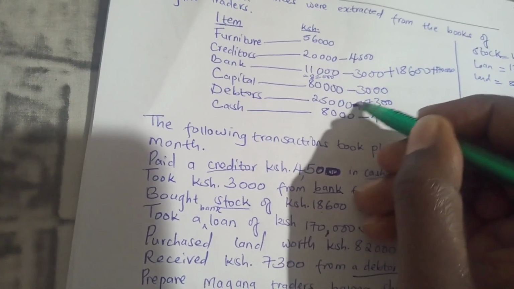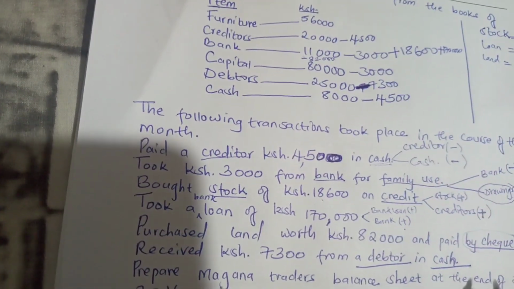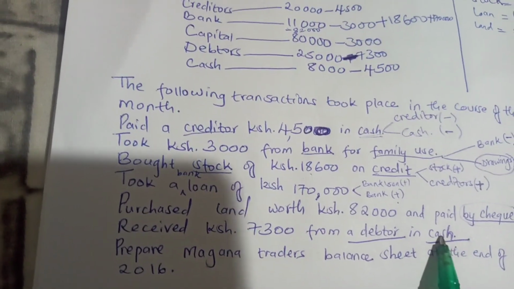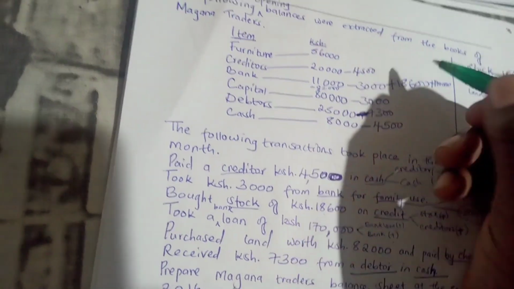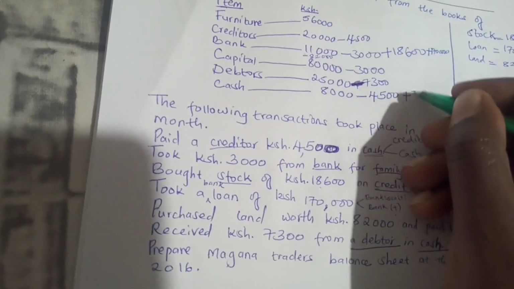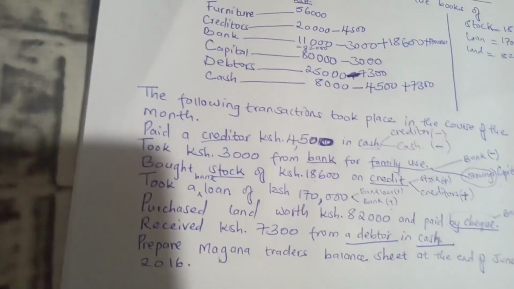There is a reduction in the debtors account. And cash increases. Cash in the business increases, plus 7,300.